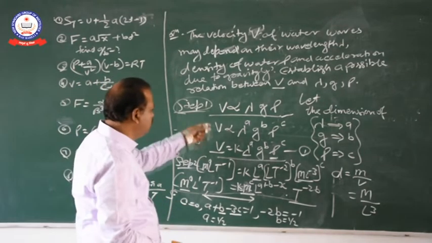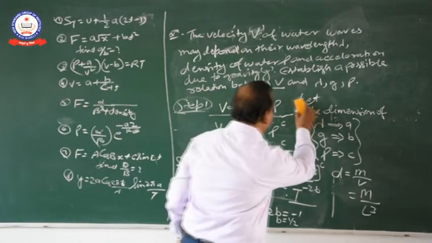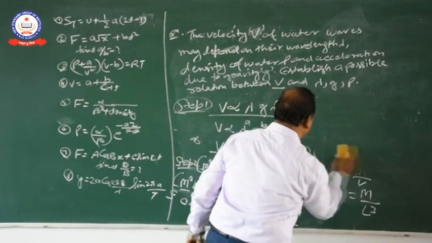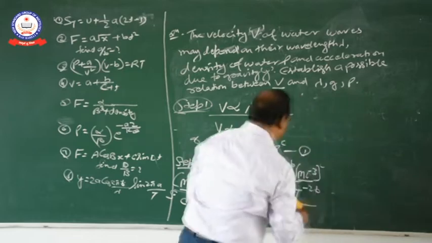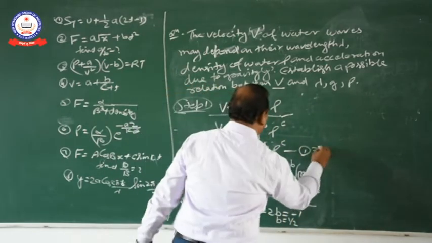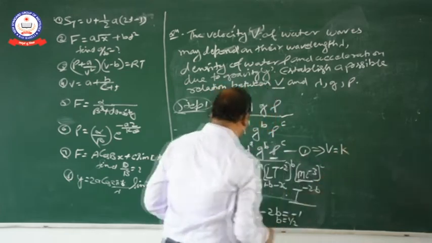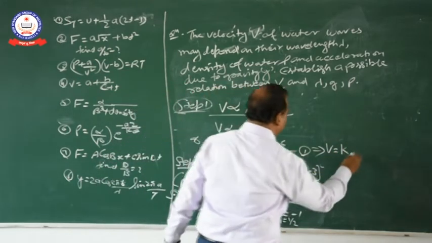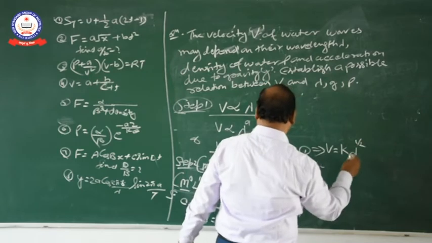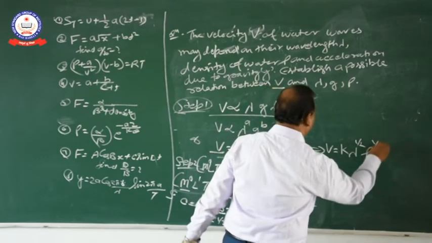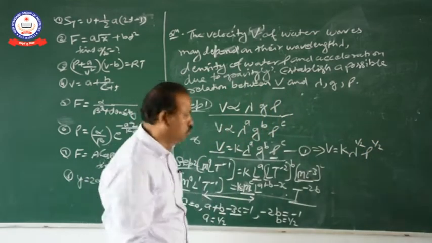So putting these values in equation number 1, you get the formula V equal to K lambda raised to power 1 by 2 and rho power 1 by 2.